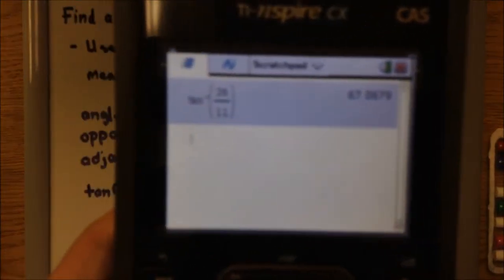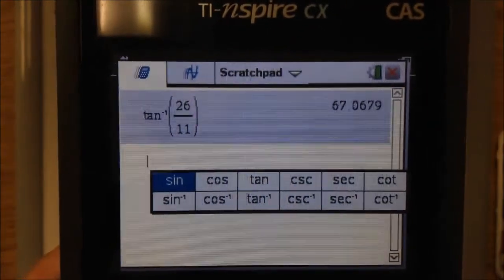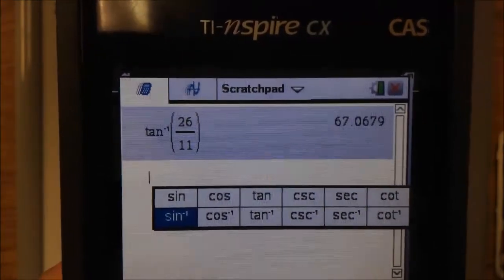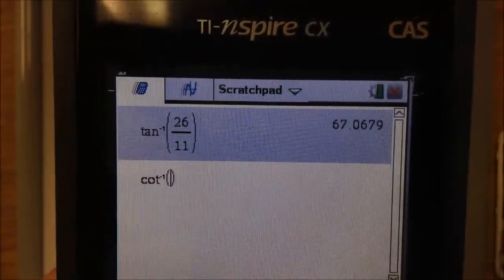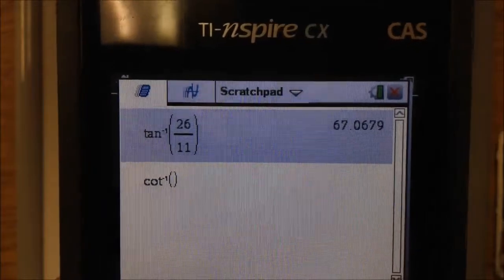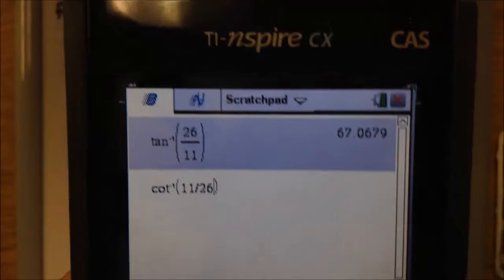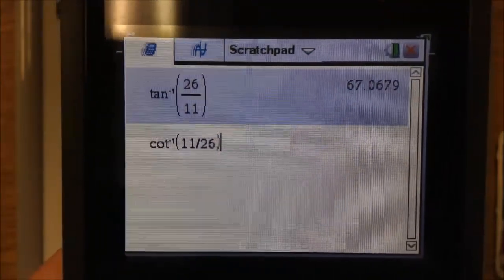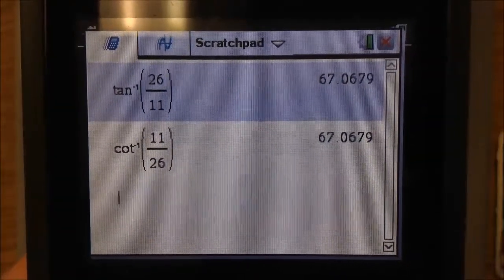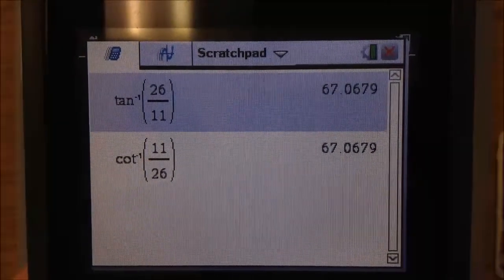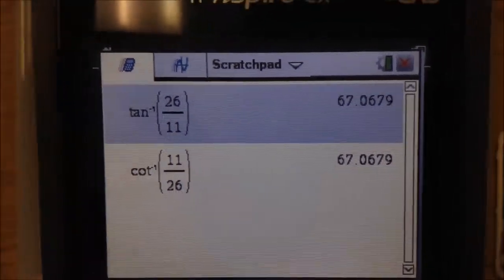So let me hit trig, and then I'm going to go down, go to inverse cotangent, and then I'm going to type the flip fraction, so 11 over 26, get outside of parentheses, hit control enter. Well, what do you know, it's the same angle measurement, 67.0679. So we can use the other function, the reciprocal function.